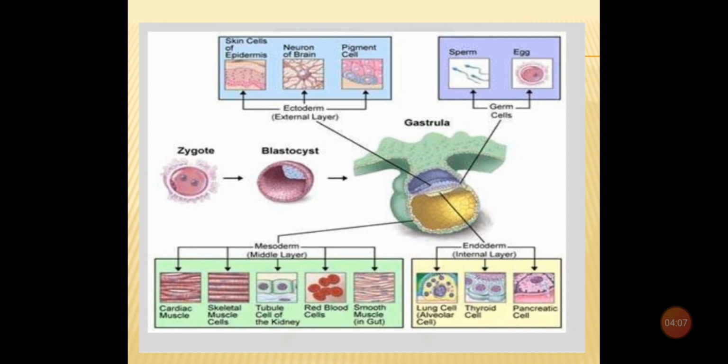Embryonic development in humans is divided into 3 trimesters, spanning a period of about 280 days, or 9 calendar months plus 10 days. This period is counted from the first day of the last menstrual cycle until parturition and is called the gestation period.